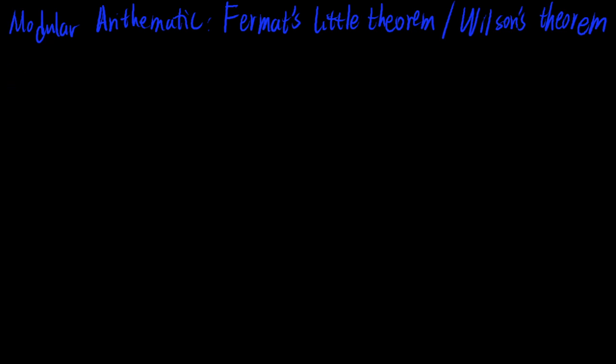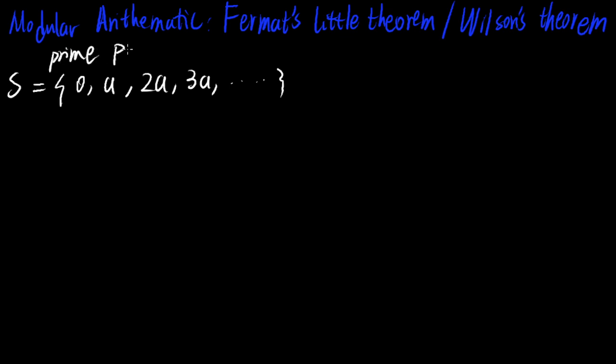We call it set S, and set S starts from 0, a, 2a, 3a, the multiples of a, and we also choose a prime p such that the GCD of p and a is 1.